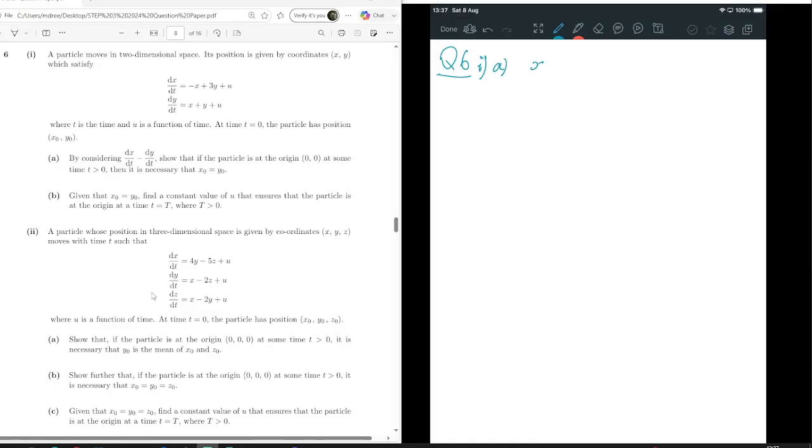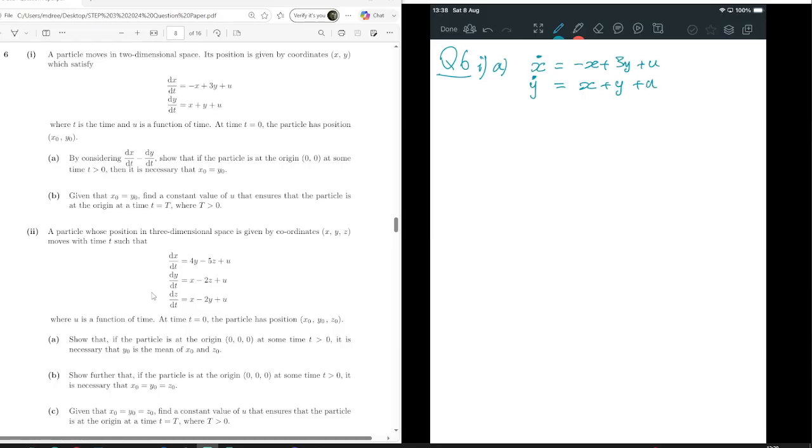We have the dx by dt, which from now on I'm going to call x dot. That's the common abbreviation for a derivative with respect to time, is as given, and then y dot is also given.